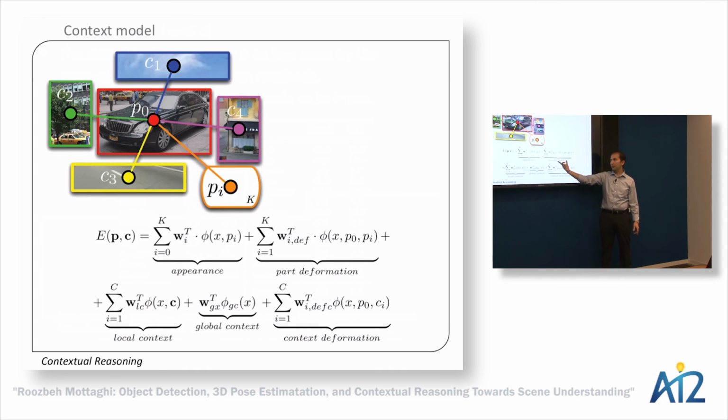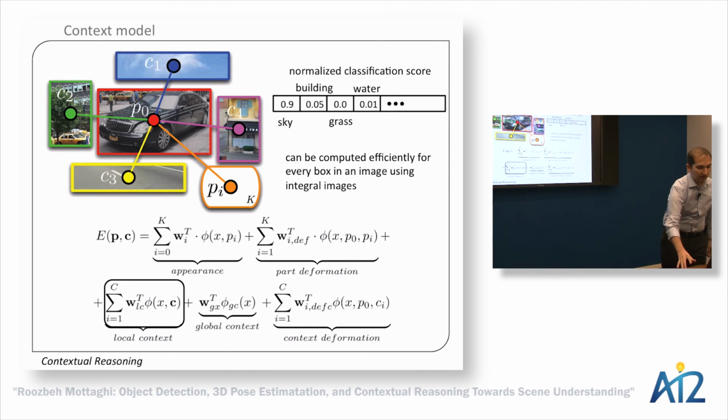We have a term for part deformations, which captures the displacement of the parts with respect to the object. Another term that we have is the local context. By local context, I mean the immediate surrounding of the object. For example, here we have a classifier that tells us that on the top part we have 90% sky, and the bottom part is, say, 100% road. So we have a classifier that tells us this information, and this is one of the feature vectors that we use.